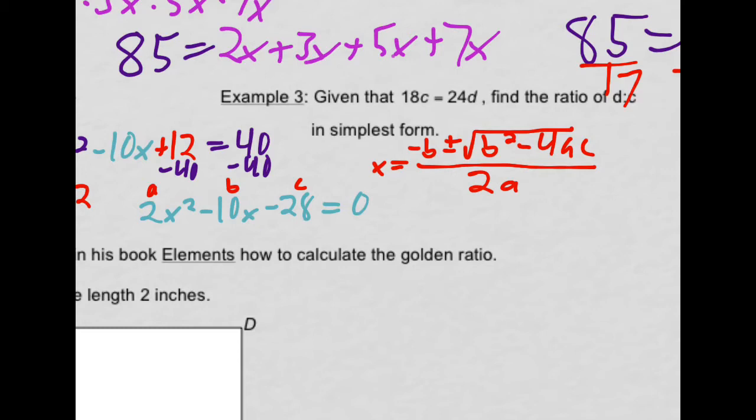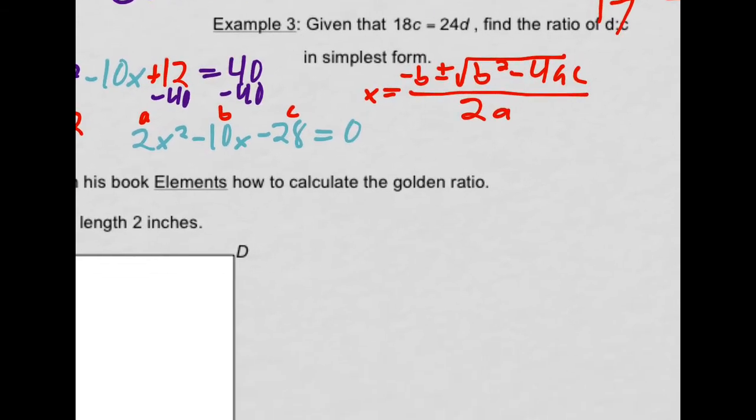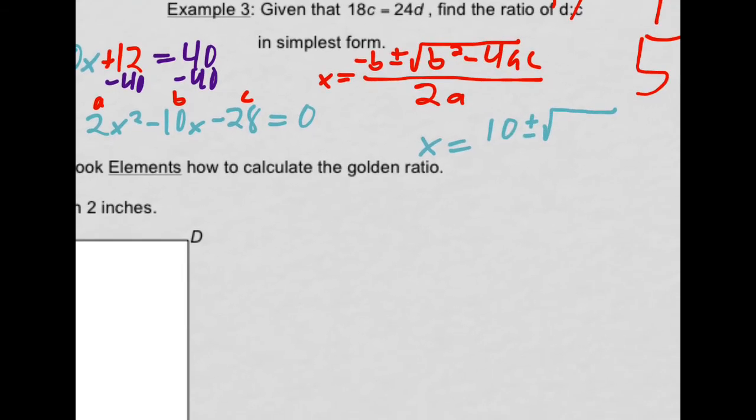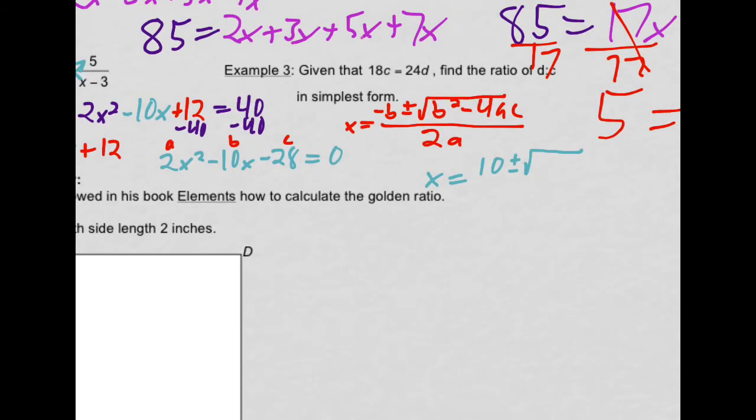So we've got x equals, and negative B is 10, plus or minus the square root of b squared, which is 100, minus 4 times a, which is 2, so 4 times 2 is 8, and 8 times negative 28.